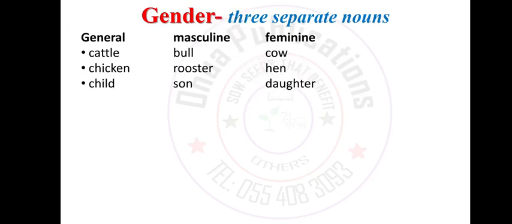We have a child. When someone says this is my child, it's a general name. But the moment the fellow says, this is my son, this is my daughter, you get the difference, right? We could have the same child and have boy, girl.